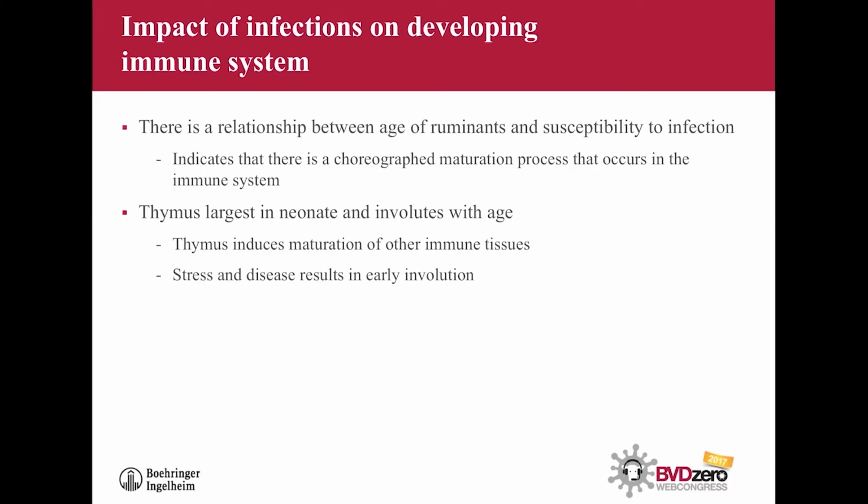In the next slide, I'm showing you animals 30 days past infection with a highly virulent BVD. These animals were age matched. And as you can see, those animals that were not infected with the BVD have good growth, good conformation. Those that were infected with BVD, even 30 days out, just don't look as good.